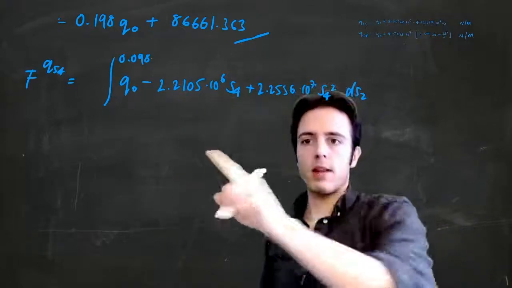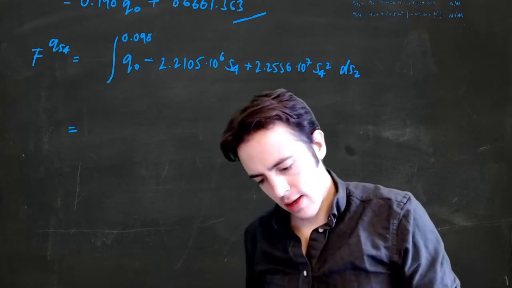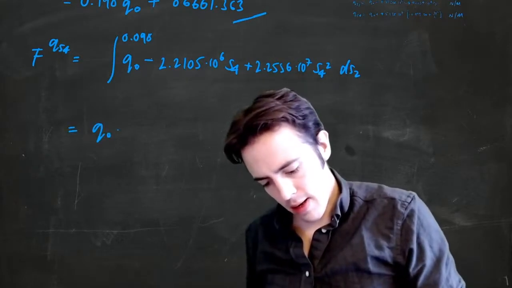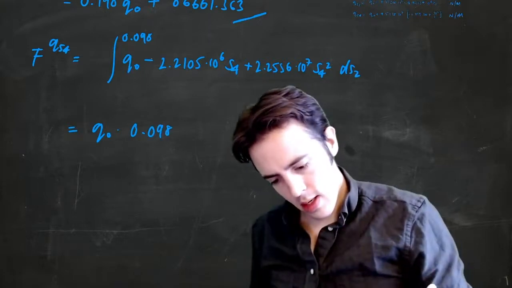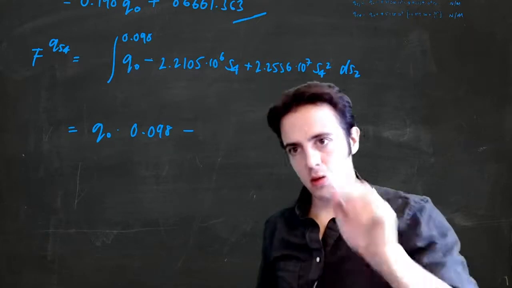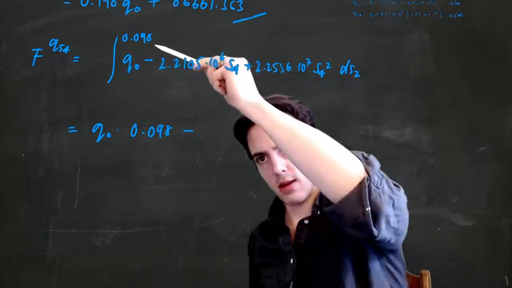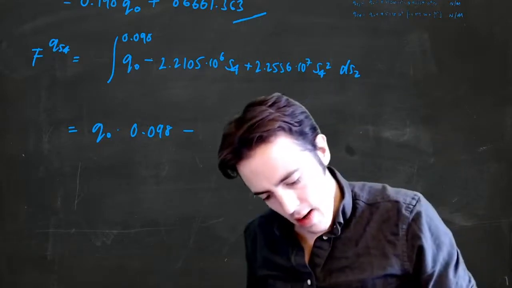Now we need to integrate this expression. We're going to end up with Q0 multiplied by 0.098 minus this multiplied by this squared on 2. Let's write it out properly.